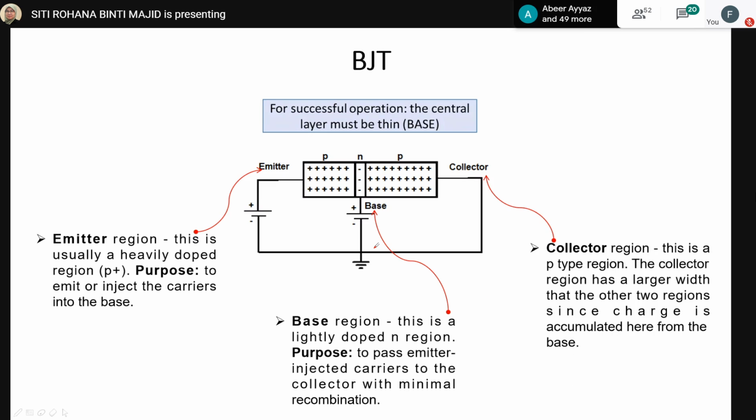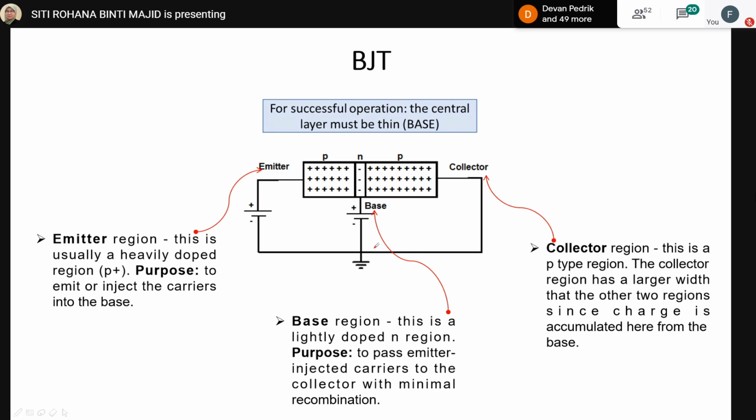Before it receives the majority carriers from the base, it already has its own carriers. Once the population of charge carriers passes from the base to the collector, this region will have a larger number of carriers, and normally the collector layer will be thicker compared to the emitter layer.